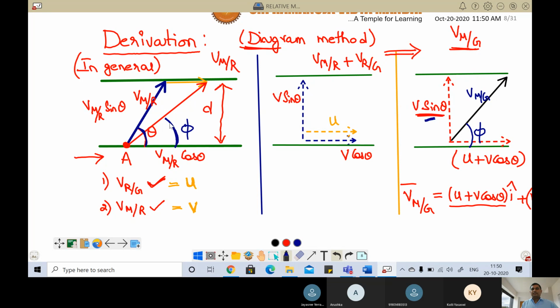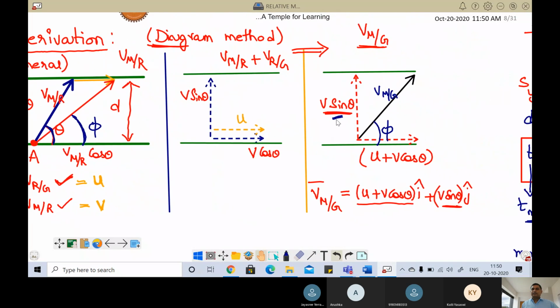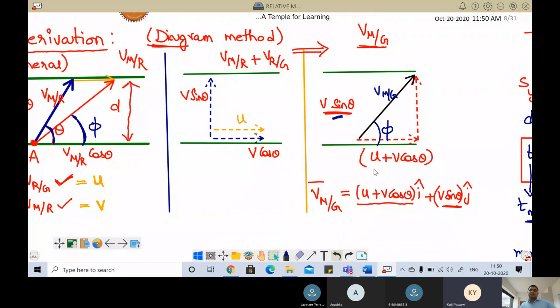So to get this phi, you just have to take this vector that side. What is tan phi? Tell me. V sin theta by u plus v cos theta, sir. Correct. V sin theta by u plus v cos theta.